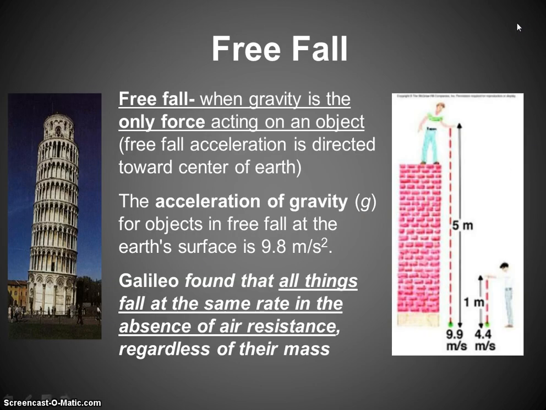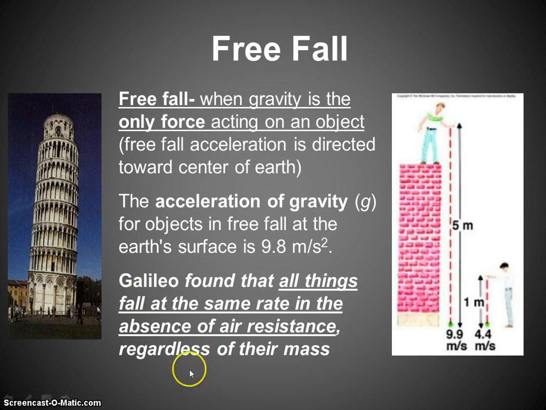All right, so let's talk about a concept we call free fall. Free fall is when the only force acting on an object is gravity. There would be no friction, no fluid friction, no air resistance, nothing except for that force of gravity. That is called free fall. A long time ago, Galileo Galilei, astronomer, scientist, discovered that all things fall at the same rate when there is no air resistance, regardless of their mass.